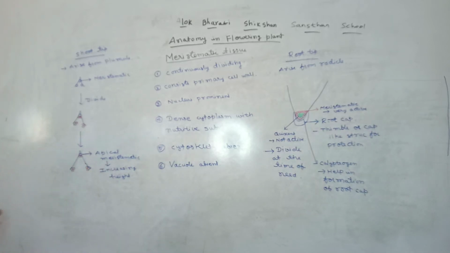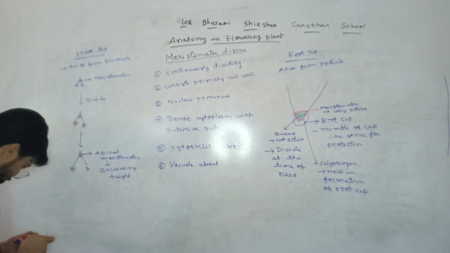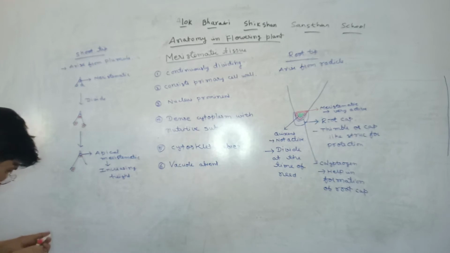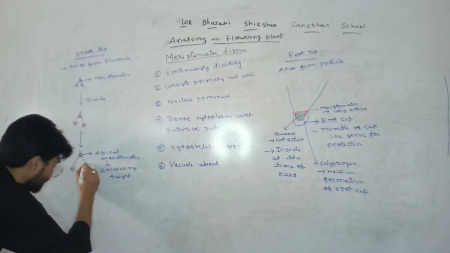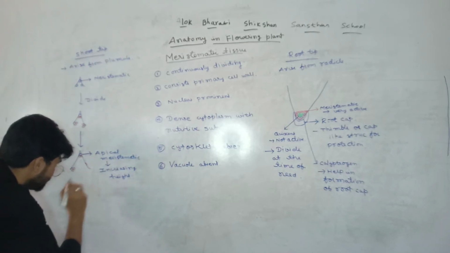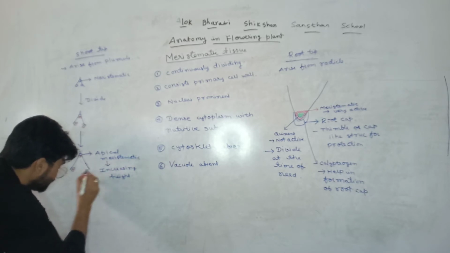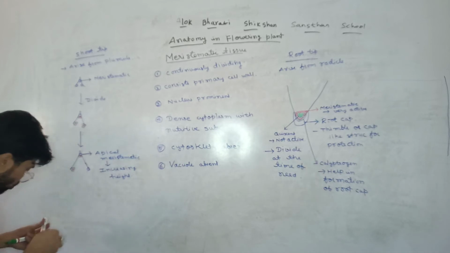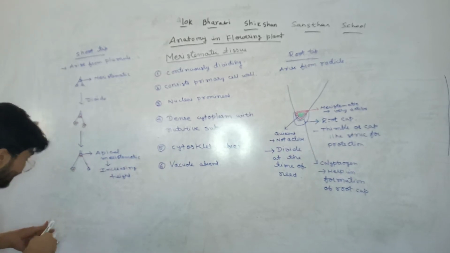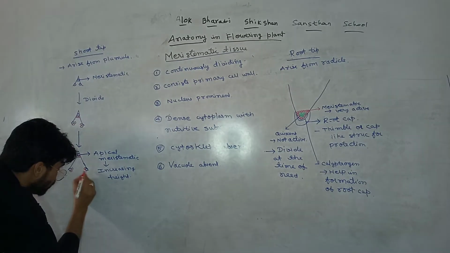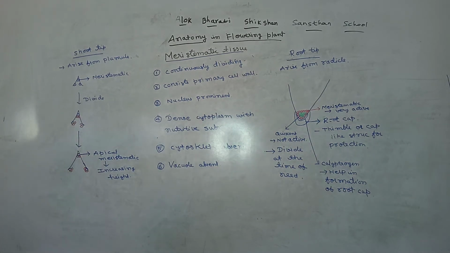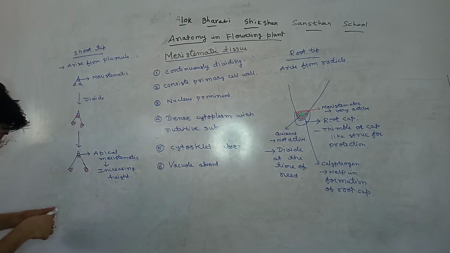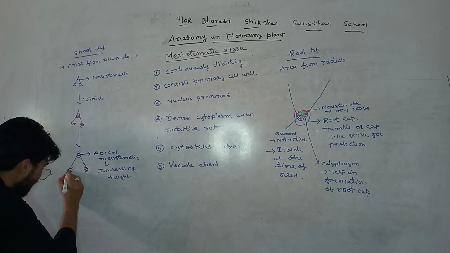I am rubbing it, then I am drawing so that you can clearly understand the things. Here some more meristematic tissue is separated to the other side. This tissue is known as intercalary, and from here the leaf primordium will arise.